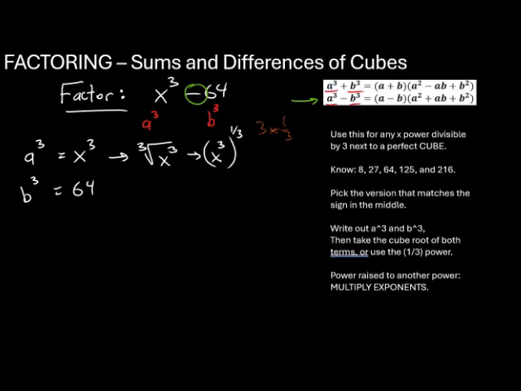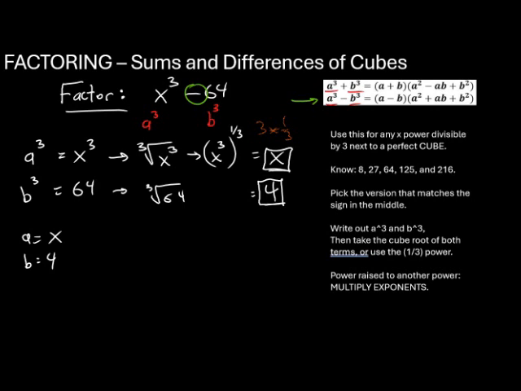But 3 multiplied by 1/3 is just first power, or x. Therefore, we'll say a is equal to x. For b, we will take the cube root of 64. If you don't remember this one, you might need to use a calculator. If you do, you'll get an answer of 4. Therefore, we'll say b is equal to 4.